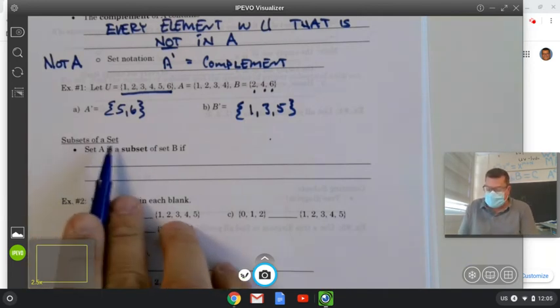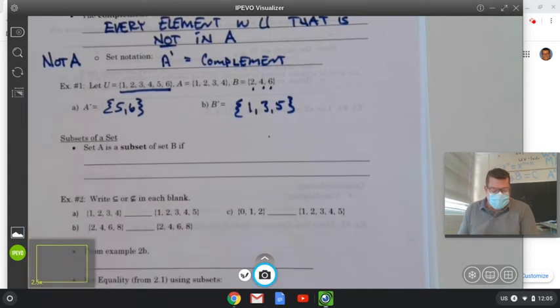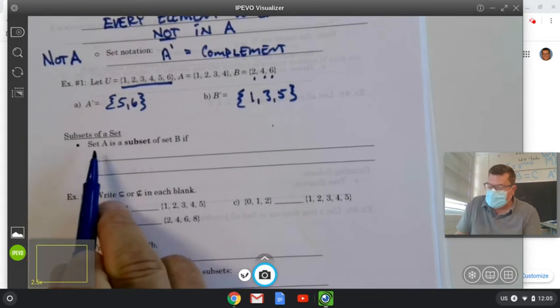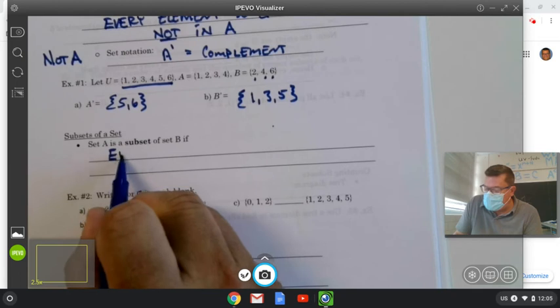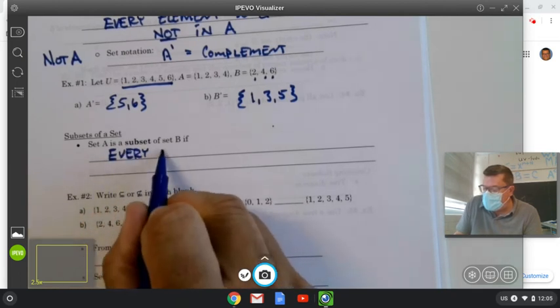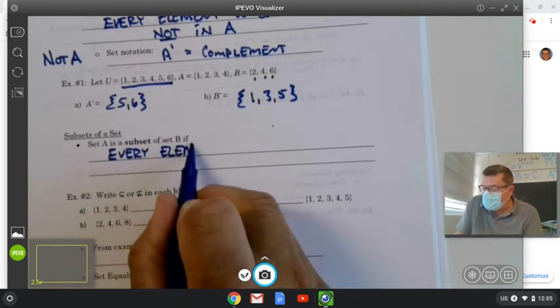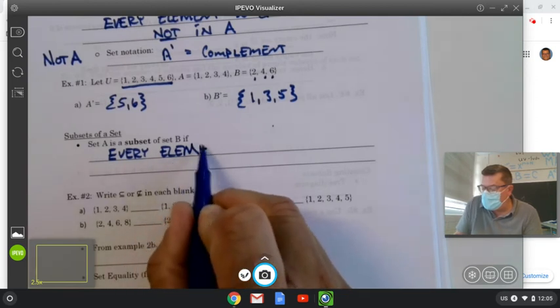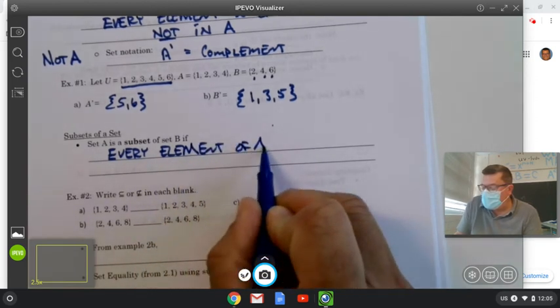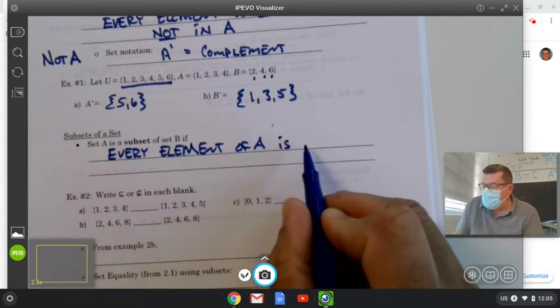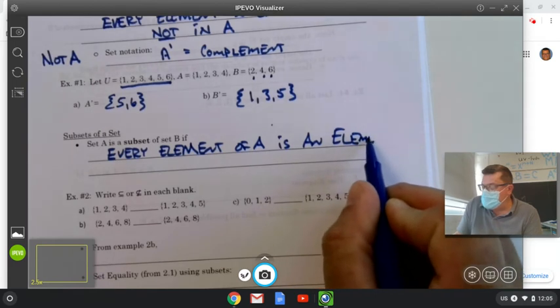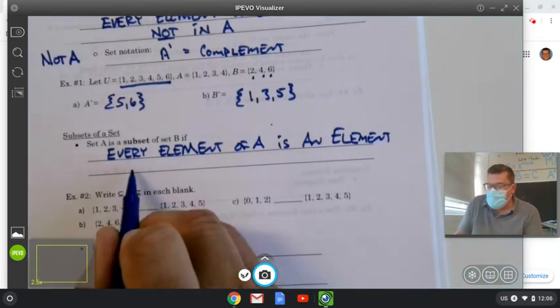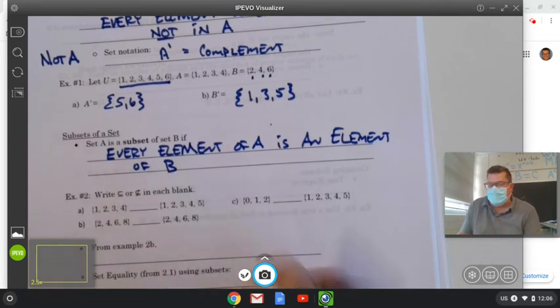The subset of a set. Every element of A is an element of B. That's the definition of subset. Set A is a subset of B if every element of A is an element of B. Let's try that.